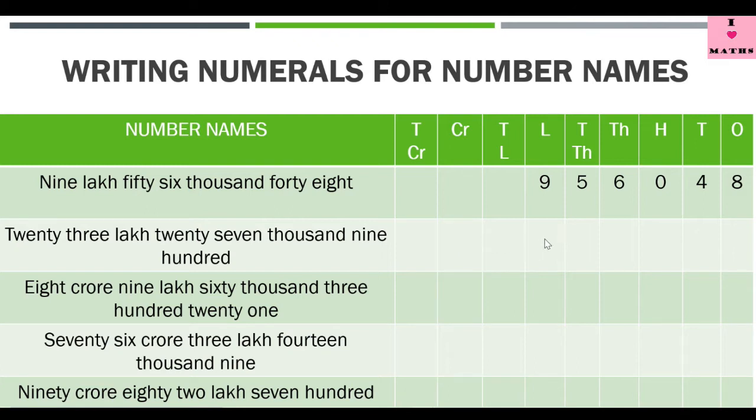So 2 in 10 lakhs column and 3 in lakhs column will make it 23 lakh. 27,000. 2 in 10,000s column and 7 in thousands column will make it 27,000. 900. 9 in hundreds column, 0 tens and 0 ones will make it 900.